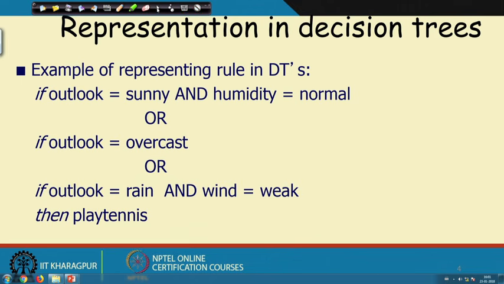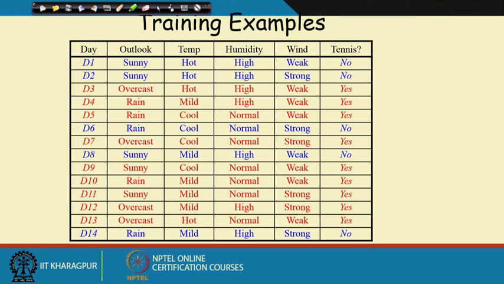Okay. So, please practice a few examples. What I would suggest is that you look at these training examples, the table that I have shown you on the previous slide, and try to think for yourself what decision tree I should make to best fit this data.